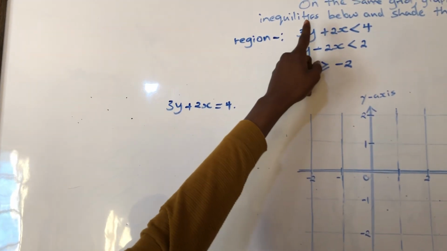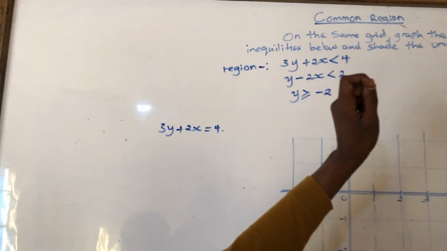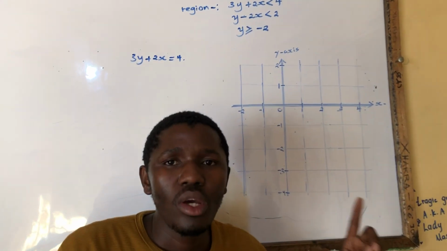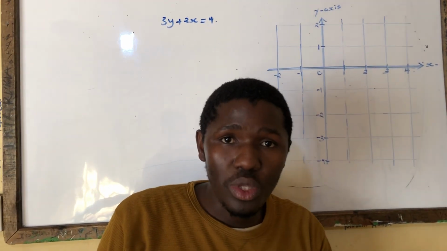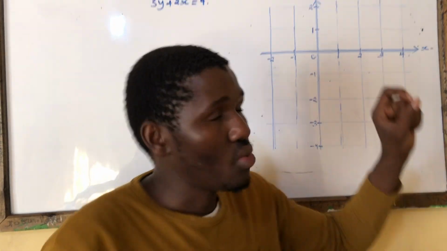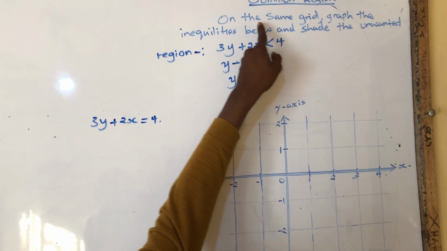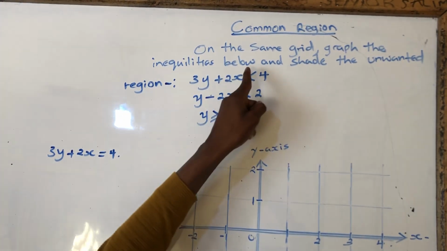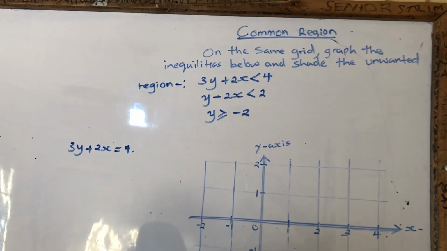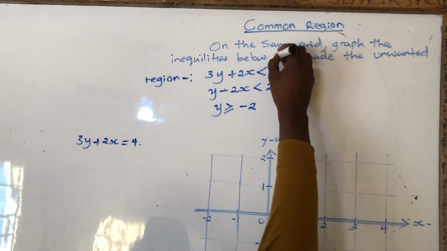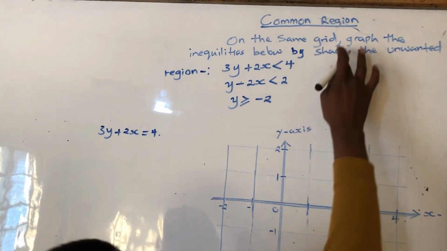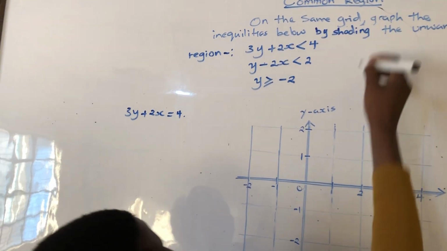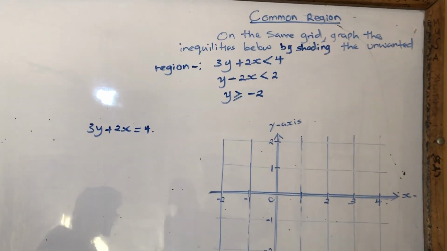What is the question reading? On the same graph, you are being instructed to do this on one graph. On the same graph, graph the inequalities below by shading the unwanted region.